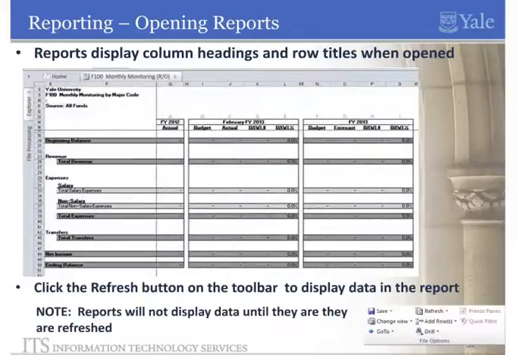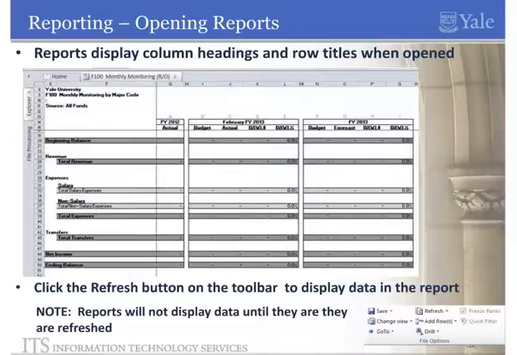Clicking on a report in the Report Library opens the requested report. At first, there will be no data, just the headings for the rows and columns for the data points. This allows you to see what will be included in the report without waiting for the report to run and return data. If you discover you're looking for a different report, you can quickly navigate to it through the Reports Library.